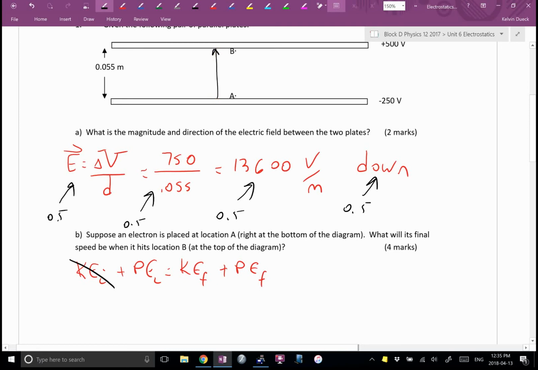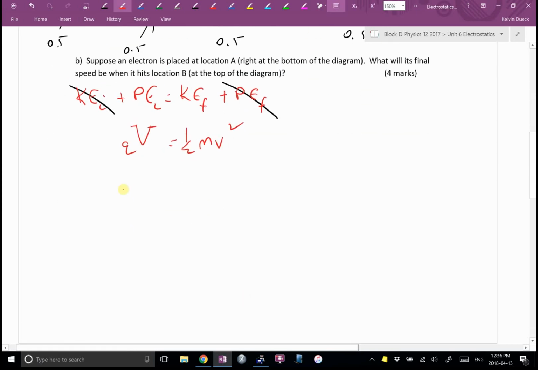And when it gets to the far side, it will have used up all of its potential energy because it's hit the ground, or what I'm calling the ground. So I'm going to get QV equals a half mv squared. I'm going to get v equals the square root of 2 times Q times V over m.